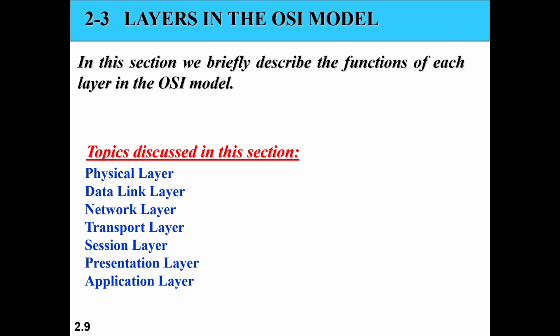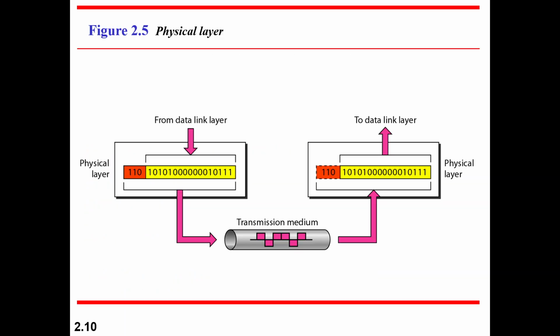Let's start with the layers in the OSI model. In this section, we briefly describe the functions of each layer in the OSI model. Physical layer. The physical layer coordinates the functions required to carry a bit stream over a physical medium.